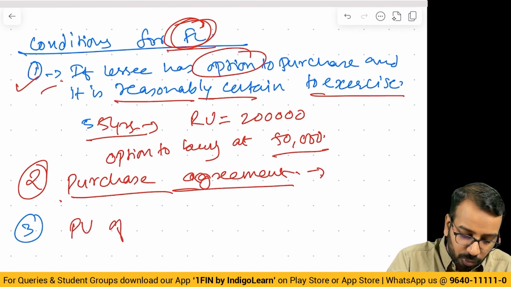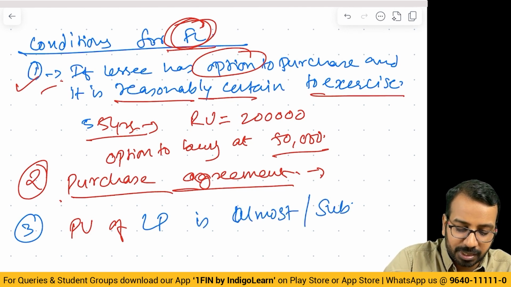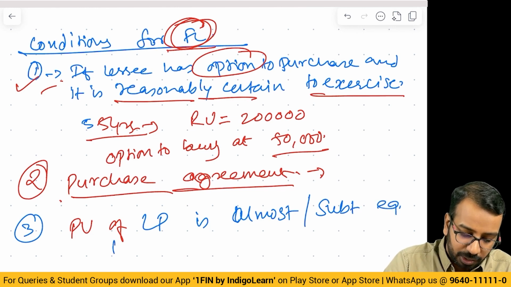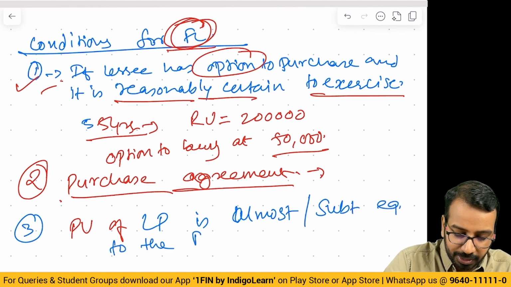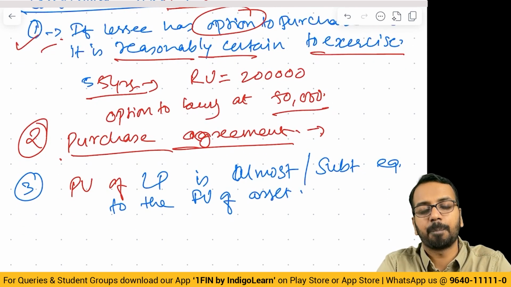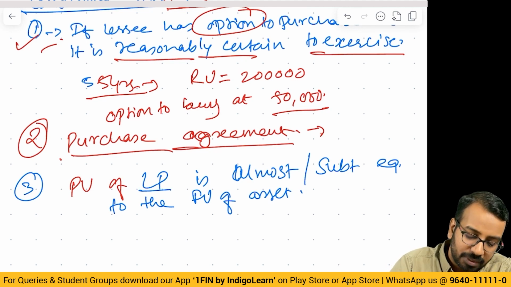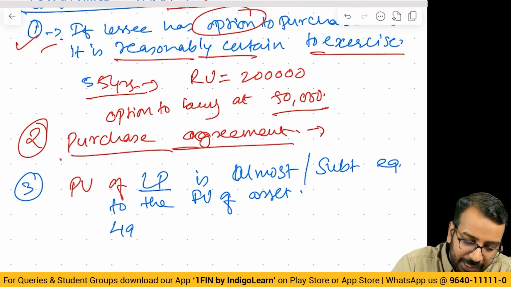Third condition, the present value of lease payment is almost, or you can say substantially, equal to the fair value of the asset. Now think of it. I have taken a car on lease. The present value of the lease payment is 4,90,000.